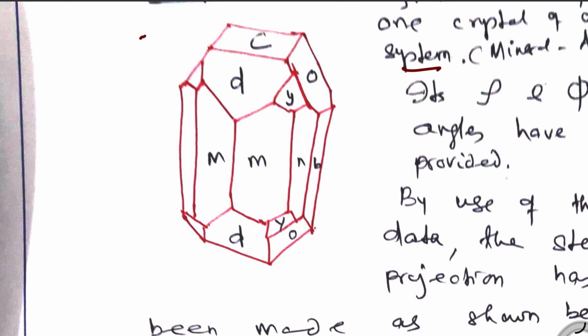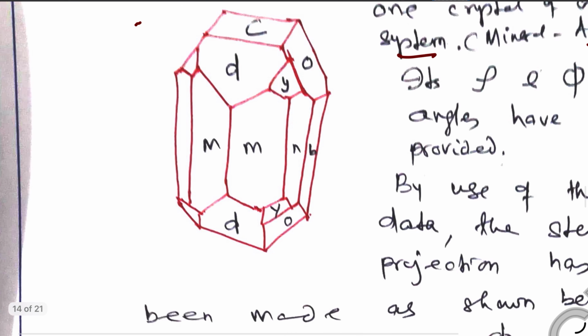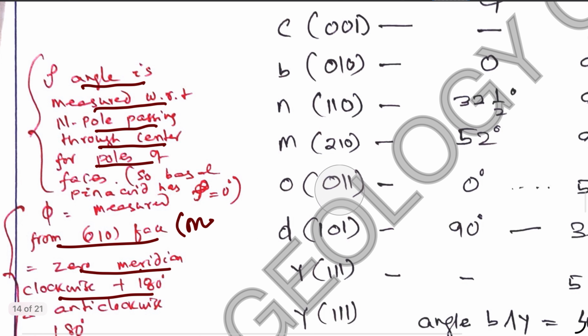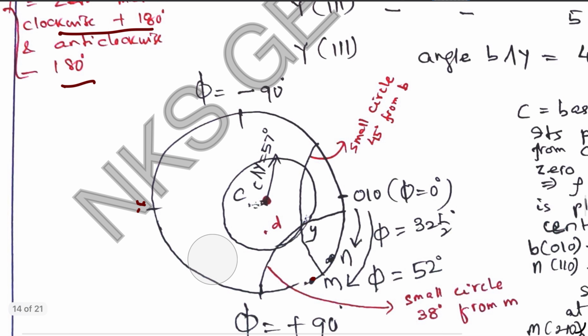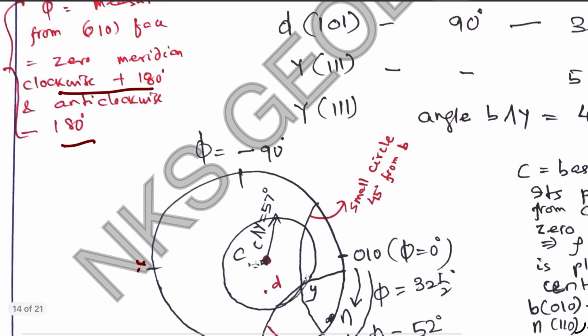these faces have been plotted in the stereo diagram that has been shown here. Let me just discuss. So we have this 0, 1, 0 face, phi 0.